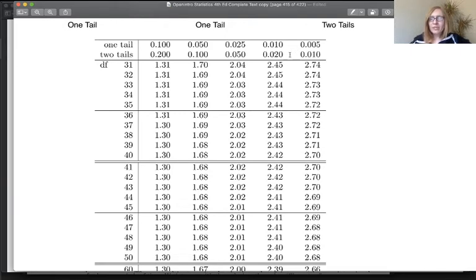Do you see my mouse cursor? I'm going to be looking at the two-tail version because it's a two-tailed test. And that puts our p-value somewhere between 0.02 and 0.01.